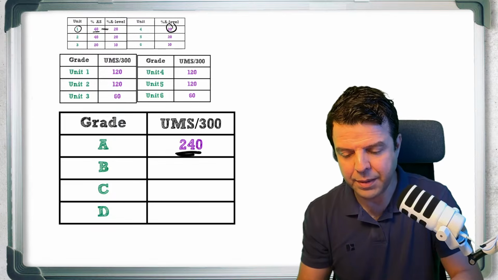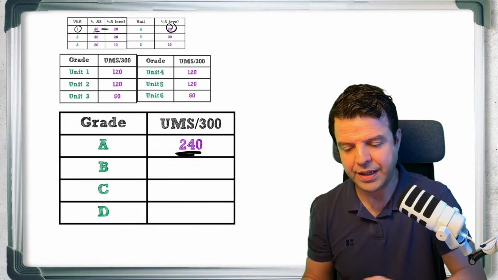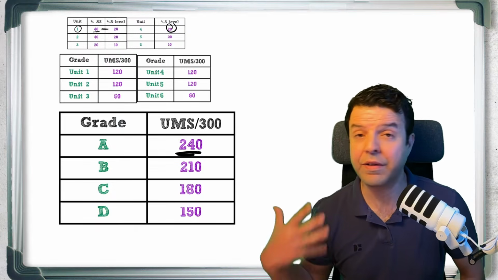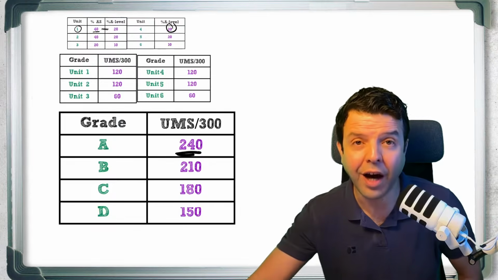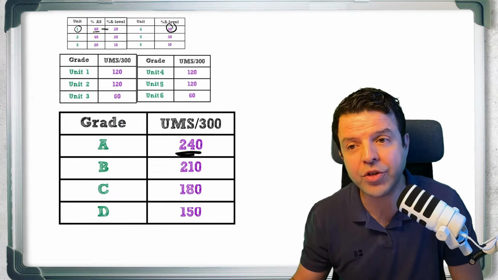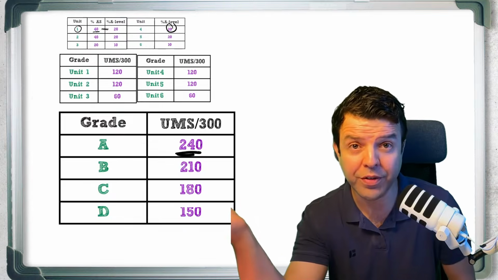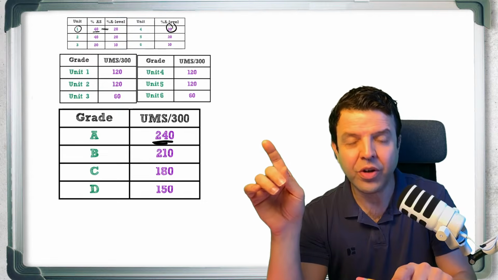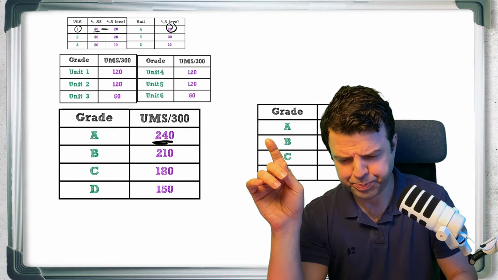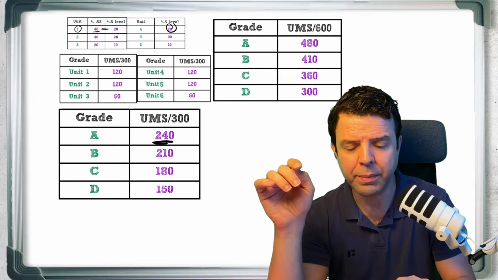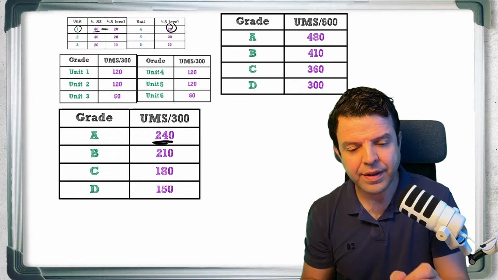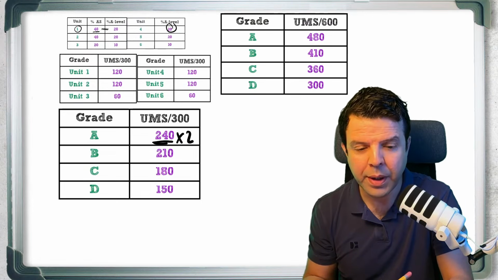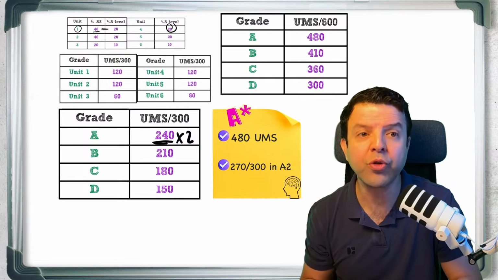For B it is going to be less, obviously, and for C less. So for an A, I think everyone who studies enough and solves at least half the number of past papers can reach that 240. Obviously, you need to understand the content. But scoring an A star is where things become more challenging, because you need that 480, which is 240 times 2, but there are 2 other small requirements.